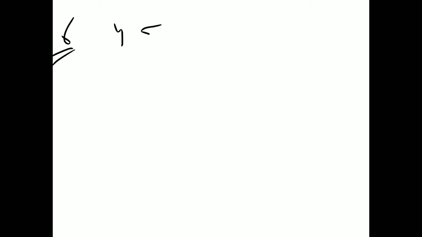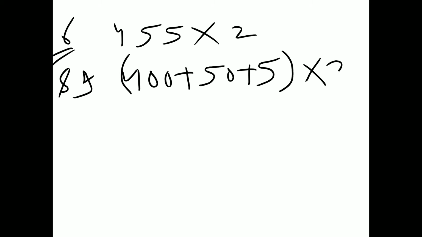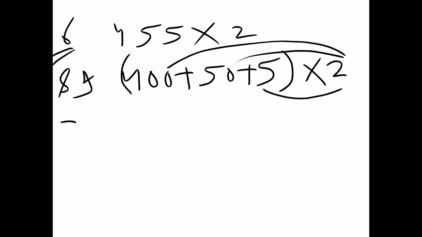Now we do the next part, sixth part. 455 into 2. Expand the number. How do we expand? 400 plus 50 plus 5 and multiply by 2. Means 2 you multiply with 400, 50 and 5, with all the numbers.